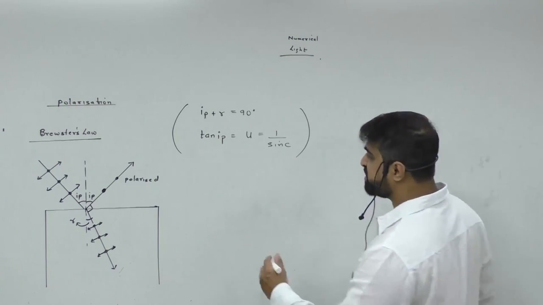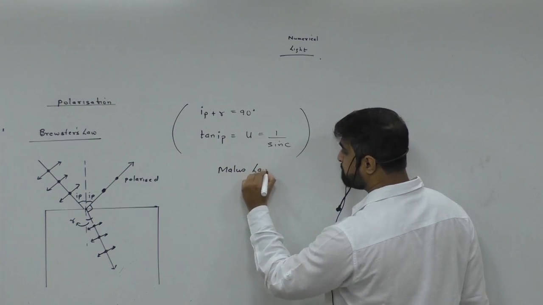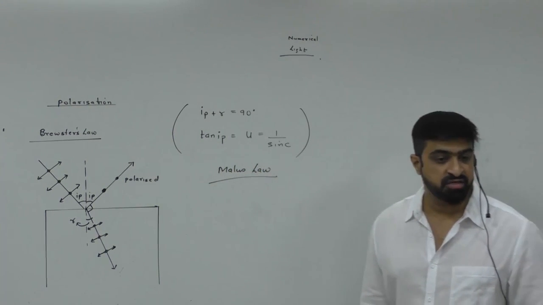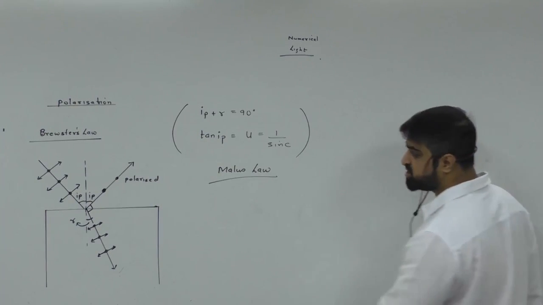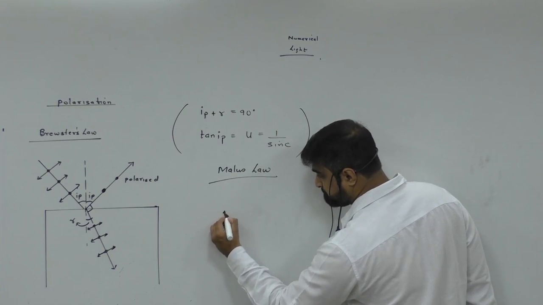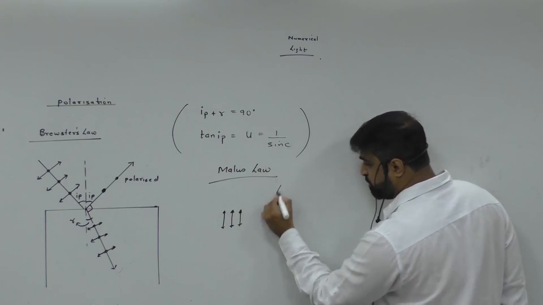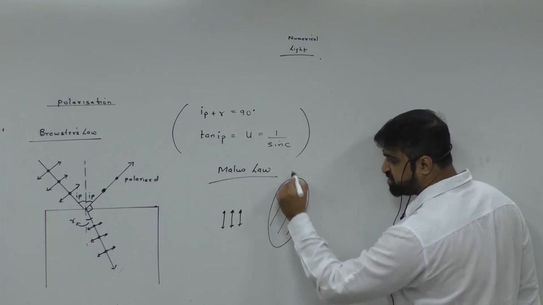After this, there is one more thing in the portion, that is termed Malus law. Pay attention over here. What does Malus law say? Suppose there is a polarized light, and it is passing through a polarizer which is inclined at some theta with respect to vertical.